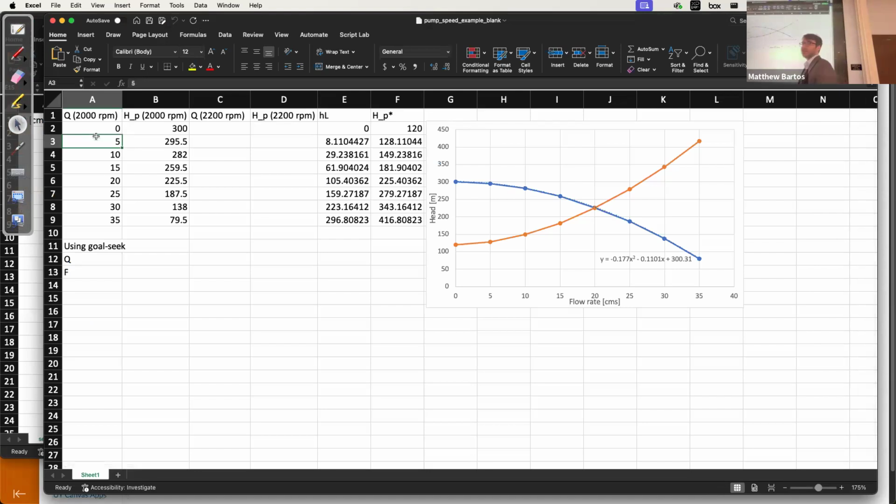The first two columns represent our original pump curve at 2000 RPM. So we have the discharges at 2000 RPM and the pump heads at 2000 RPM. And this is the same pump curve that we looked at previously. So let's say I have this original pump curve here and I want to calculate the pump curve operating at 2200 RPM. First, how can I compute the discharges at 2200 RPM from our original pump curve discharges?